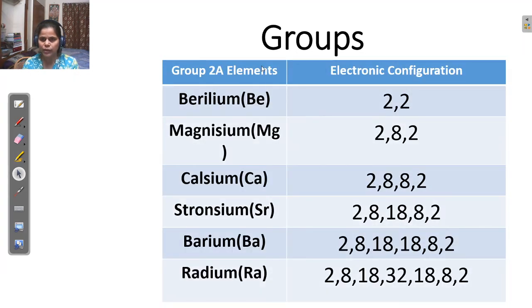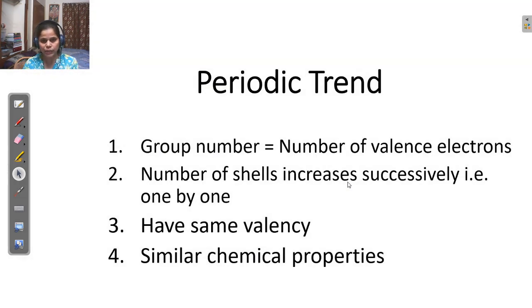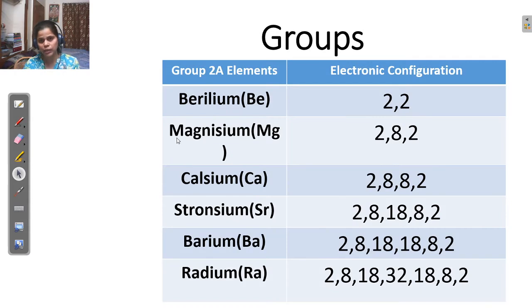In the first group, 1 shell, then 2 shells, then 3 shells, then 4 shells, then 5 shells. Our next trend is that elements have the same valency. This means the elements in one group have the same valency.